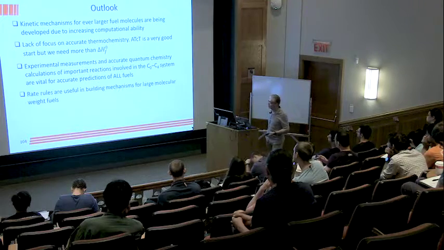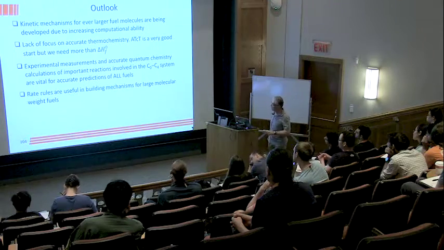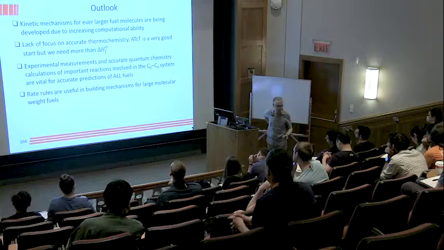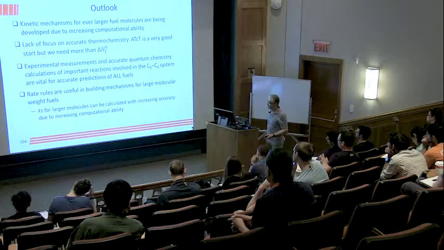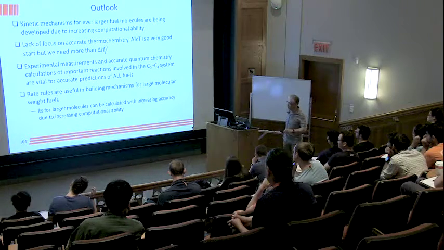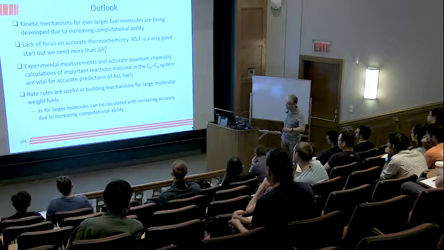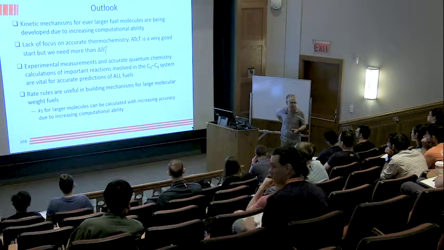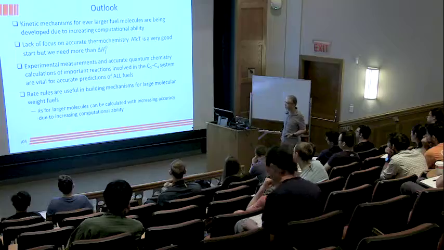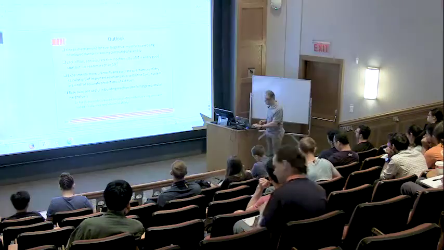Okay, for sure. And rate rules are useful in building mechanisms for large molecular weight fuels. Okay, so we have all that. Okay, so the rate constants for larger molecules can be calculated with increasing accuracy due to increasing computational ability, which is good.